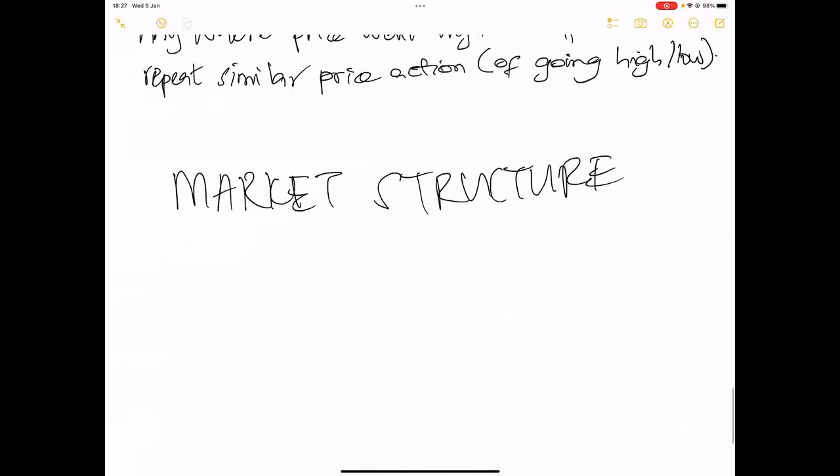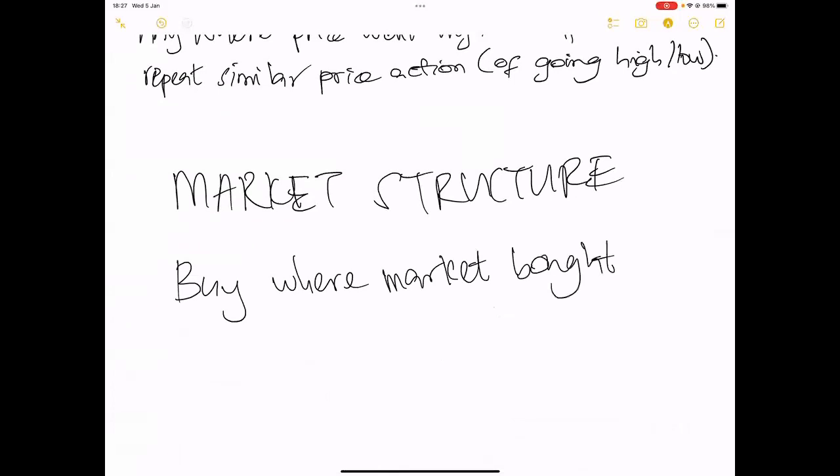Market structure tells you to buy where market bought before. Before people start laughing at my handwriting.